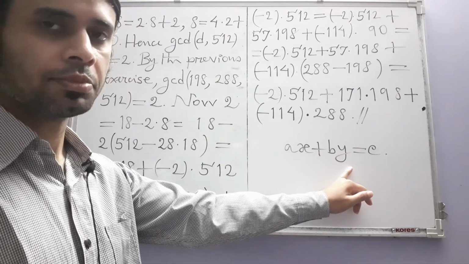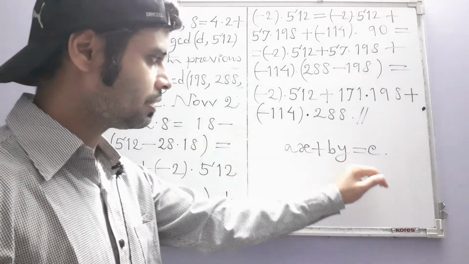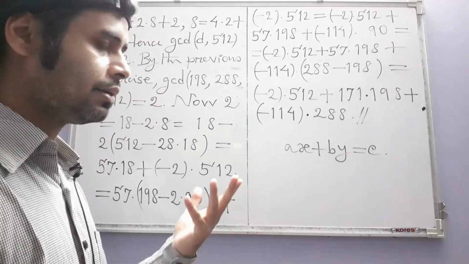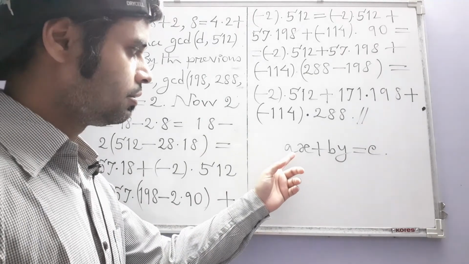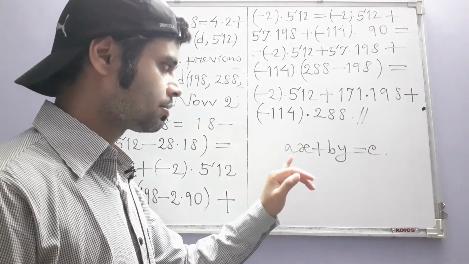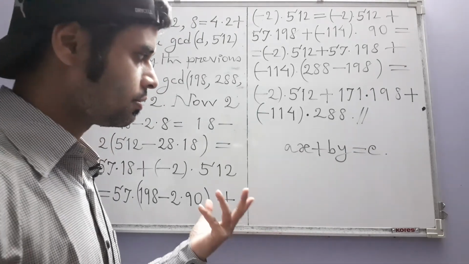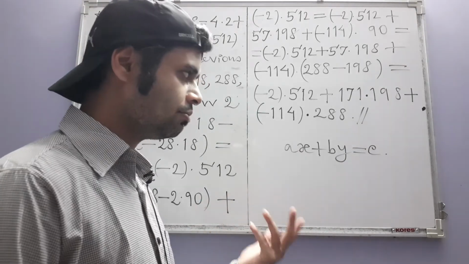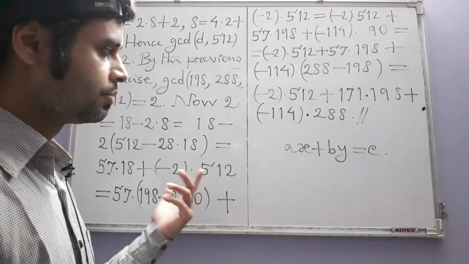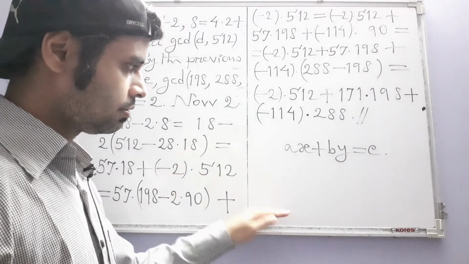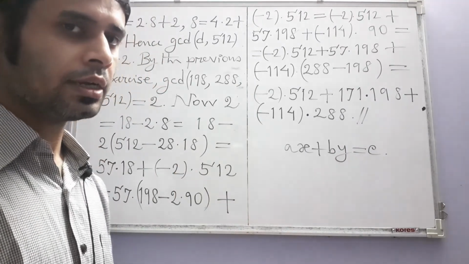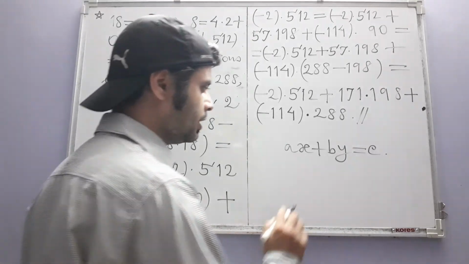We have two variables x and y, where a, b and c are integers, and we ask the question, does this equation have a solution where x and y are also integers? When you try to investigate that problem, you see that somehow it is linked to GCD, and you can in fact guess why that is so.